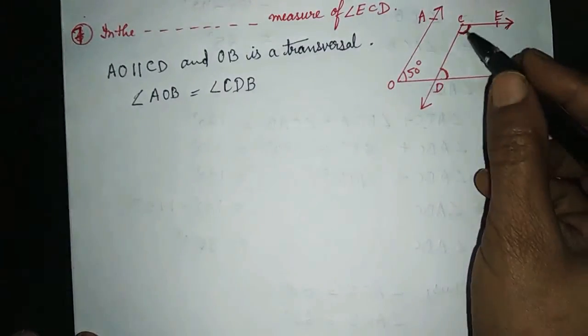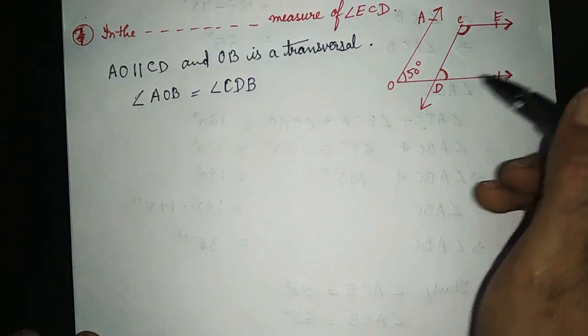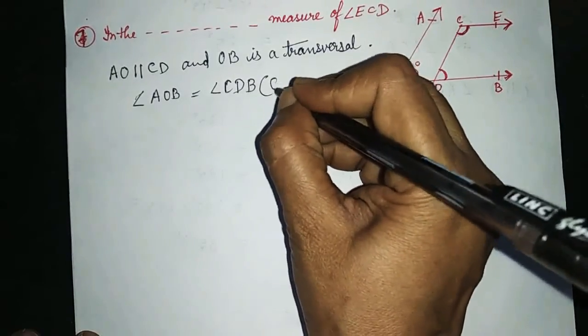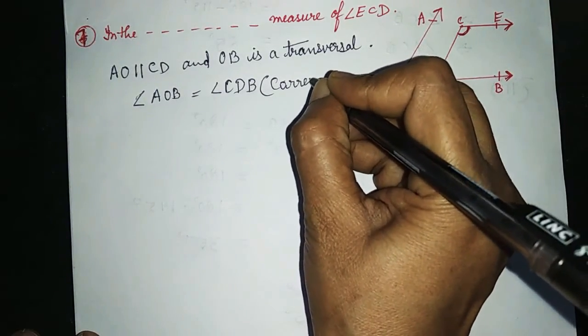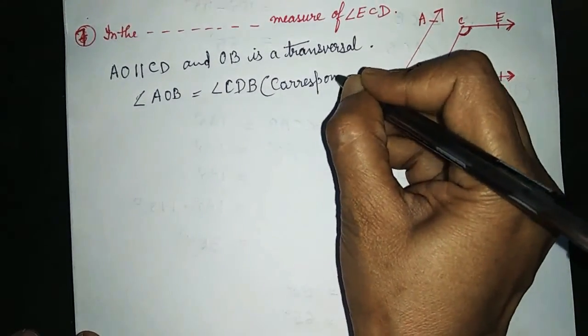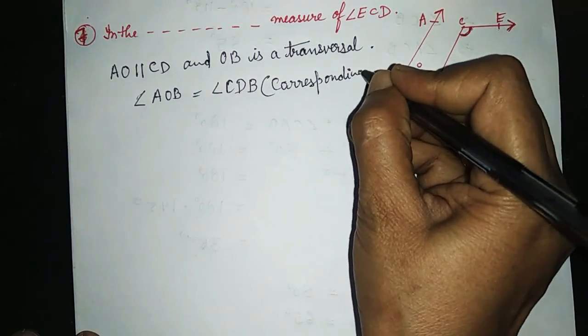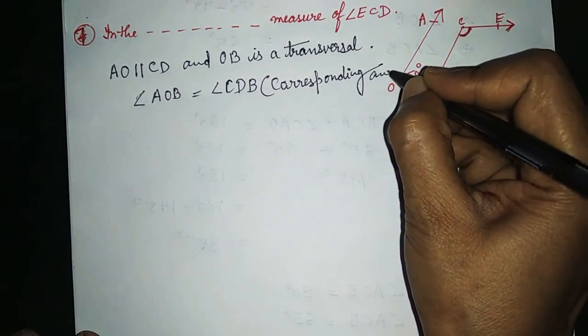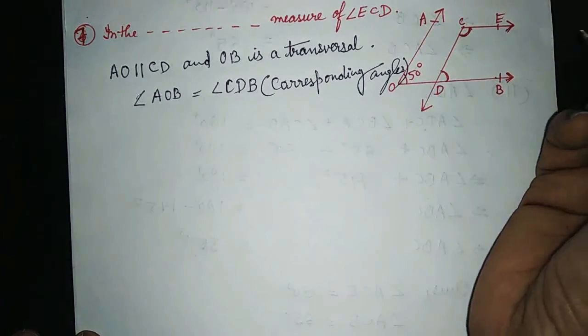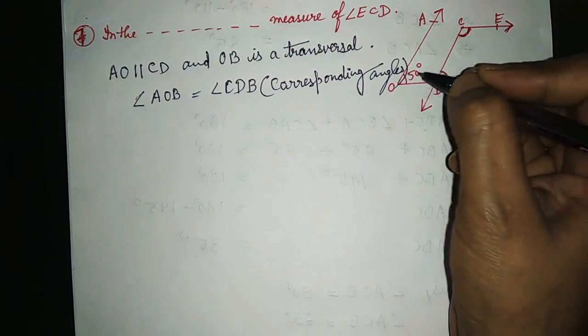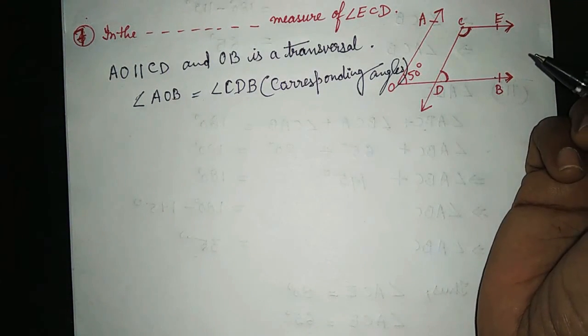Why these two angles are equal? Because they are corresponding angles. And corresponding angles are equal in measure.